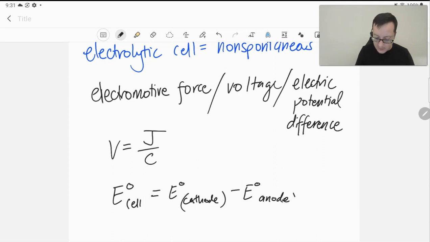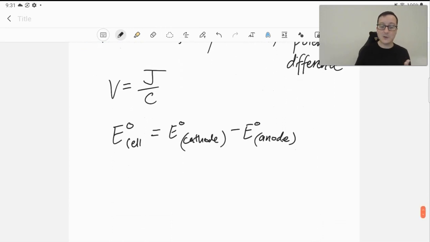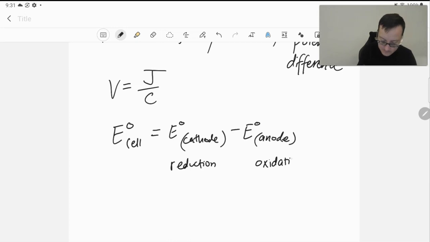That's always how the determination of this electromotive force, or the voltage, works. We can call it cell potential, electric potential. There's a lot of different terms here. So your cell potential is related to the potential energy associated with your half reactions. Remember, the one at the cathode is your reduction, and your anode is the oxidation.